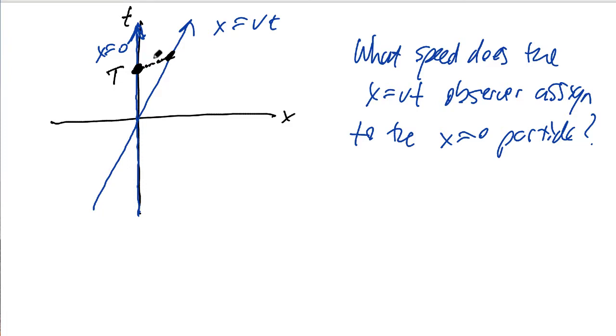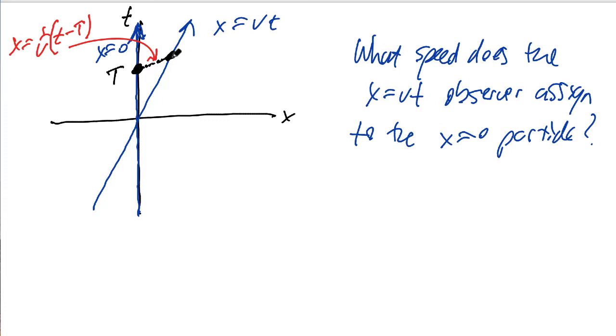All right, so this line is given by the equation x equals 1 over v times t, but actually that's not correct because this line is shifted up from the origin. It has a y-intercept, so to speak. So this is actually x equals 1 over v times (t minus capital T). That gives the equation for this line.